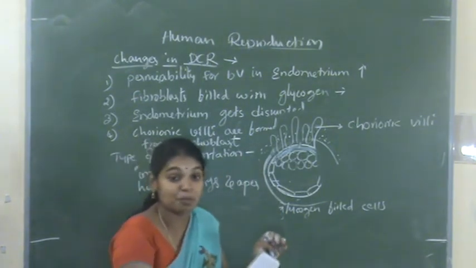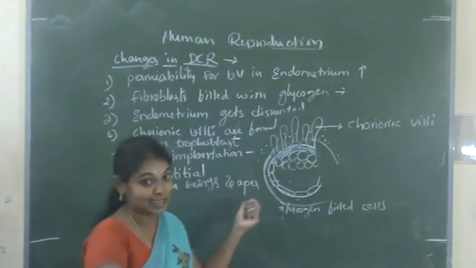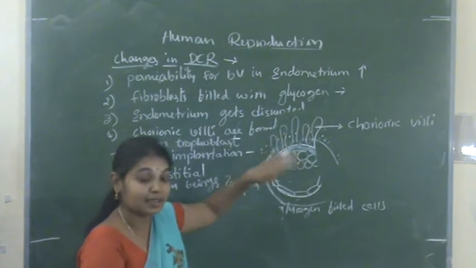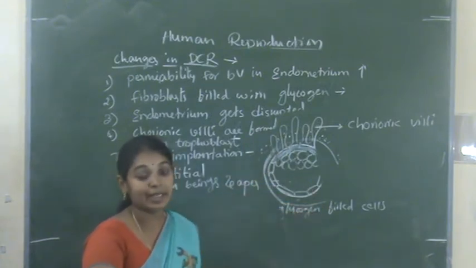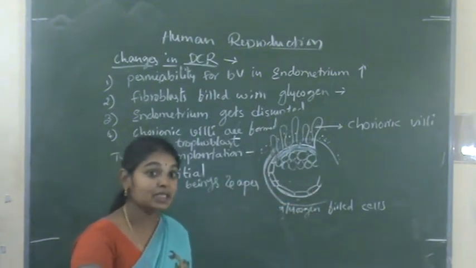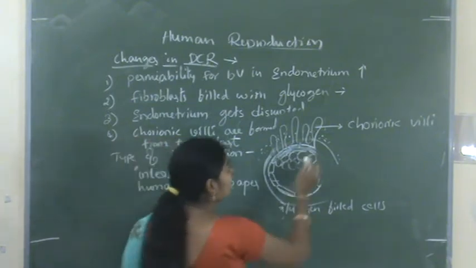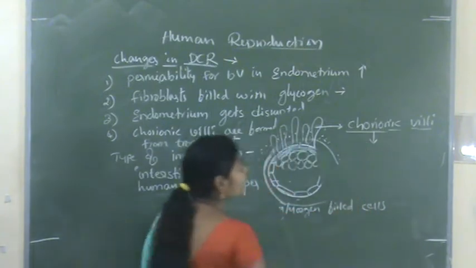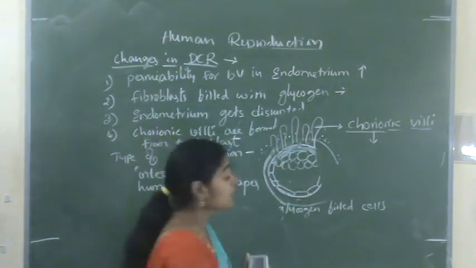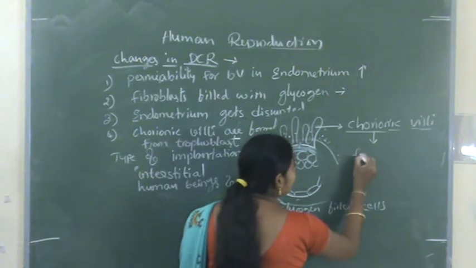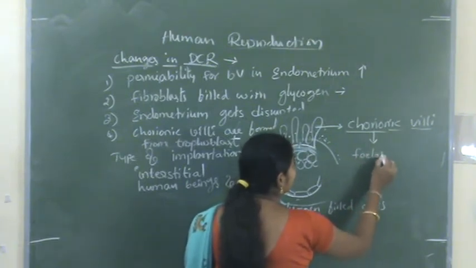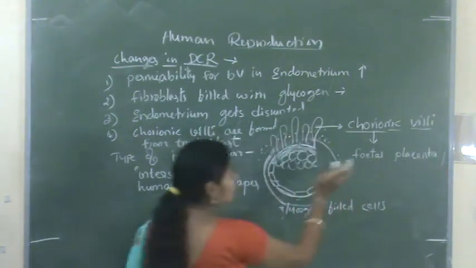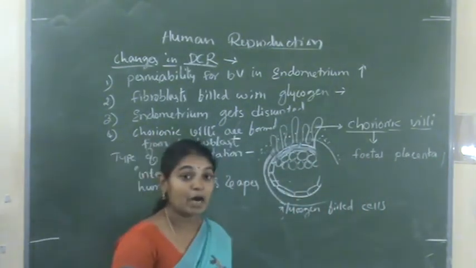This implantation process takes nearly 7 days, between the 6th and 10th day. Here the chorionic villi form the fetal placenta part, and we will discuss the placenta parts in detail later.